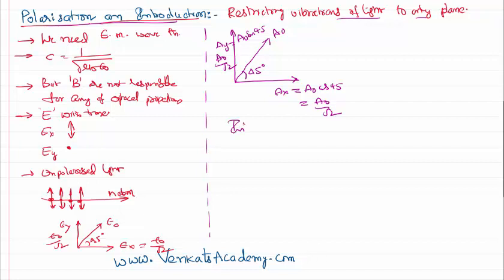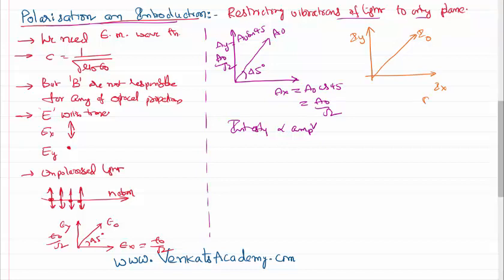We know that the intensity is directly proportional to the square of the amplitude. So if you want to write how much the intensity is, if you draw the same graph, say this is the intensity I, and if this is Ix, say I naught, and this is Iy, Ix is just equal to Ax square.